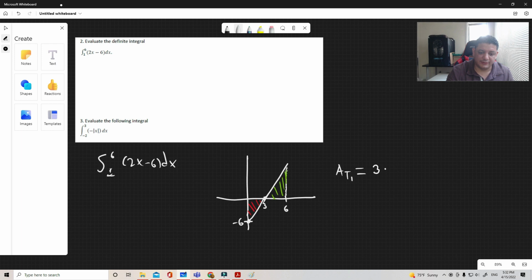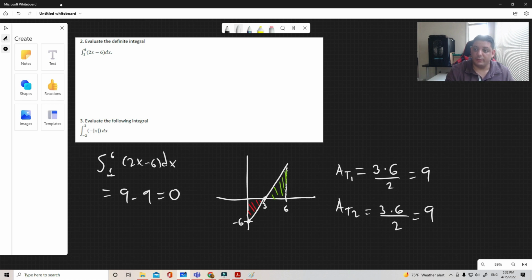The height is going to be 6, divided by 2. So again, this is 9. On the second triangle, the base is still 3. And notice that when we plug in 6, we get 12 minus 6, so 6. So we're also going to have the same result. But because this is one negative area, one positive area, this is going to be 9 minus 9, and the integral is in total 0.